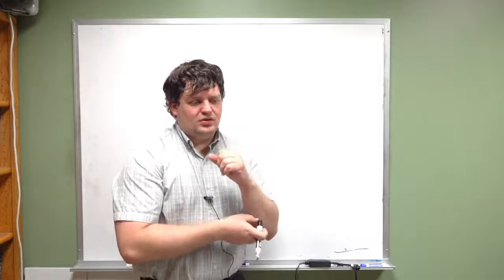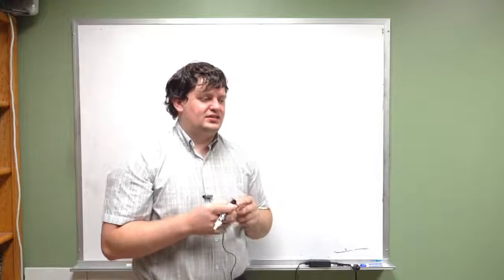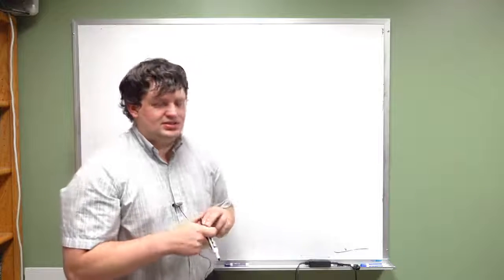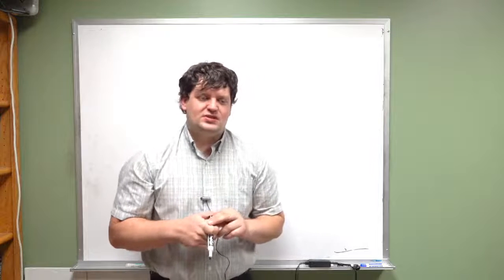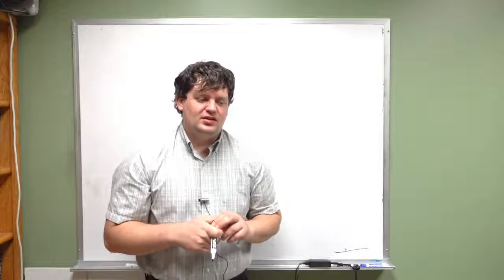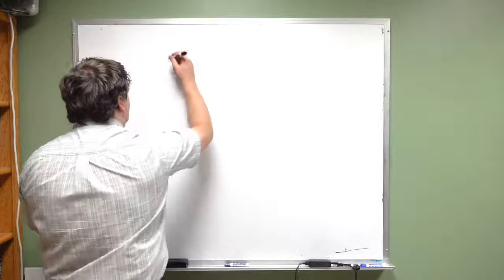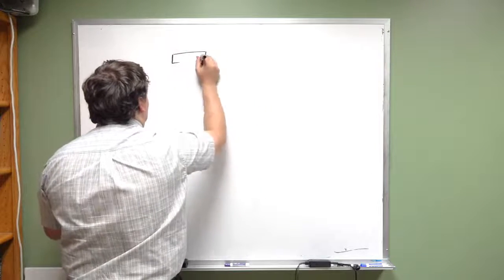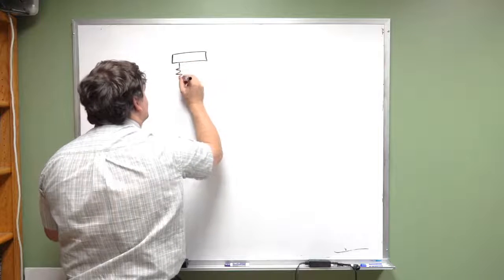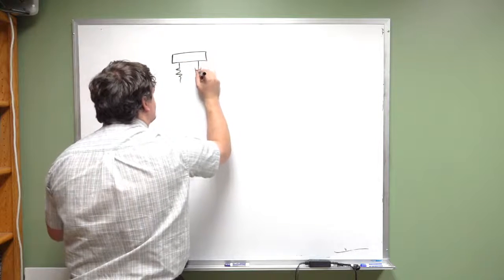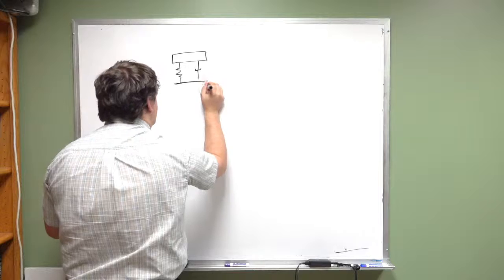Now, what I'm going to introduce today is a little different from Laplace transforms in that we have this big issue. If you remember, at one point we had a system that looked like this.